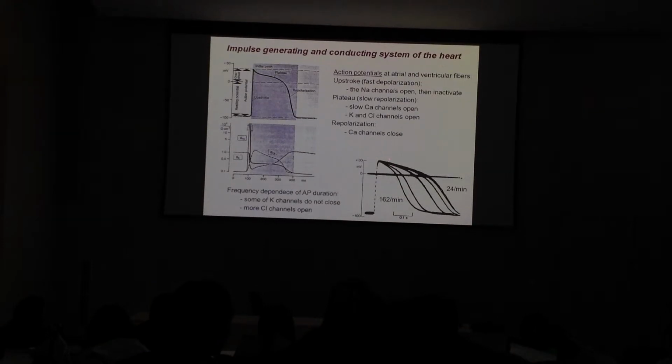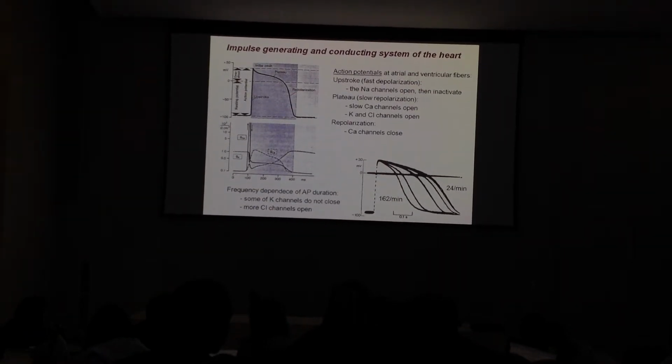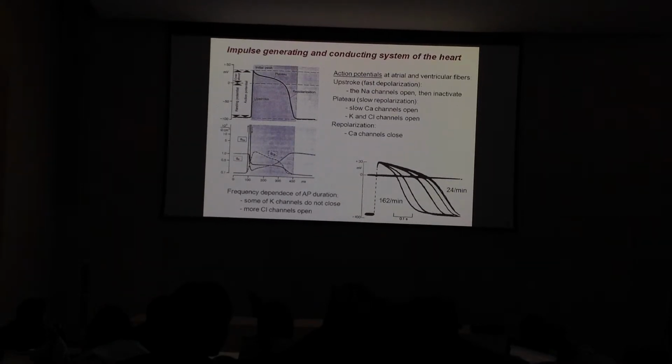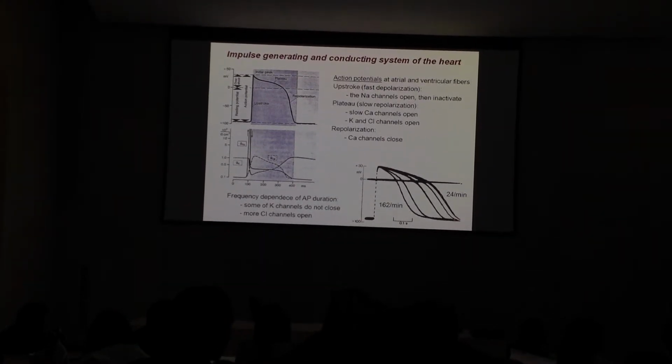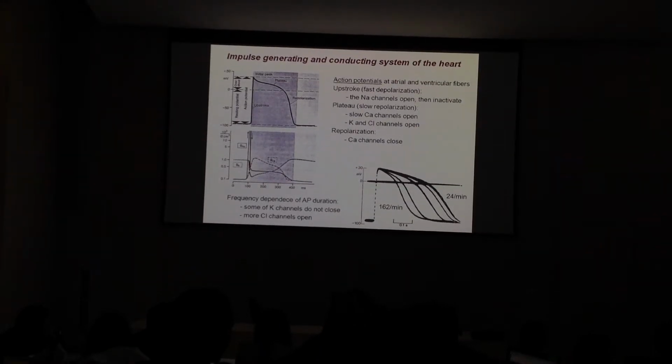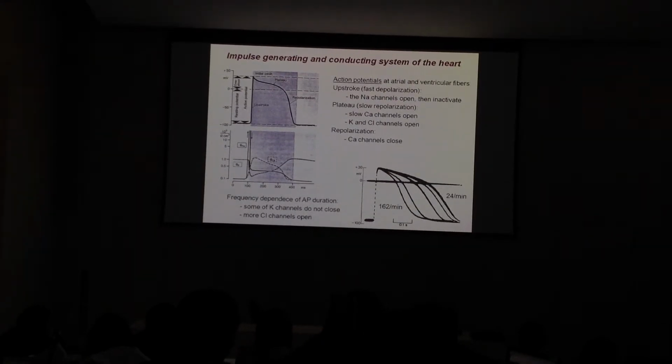In this case, at this point, a lot of potassium channels are open already and start the repolarization much earlier than in the normal case. Here the time is long enough, all the potassium channels can close, and all of them have to be opened again with a new repolarization.